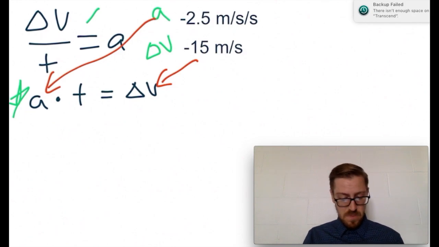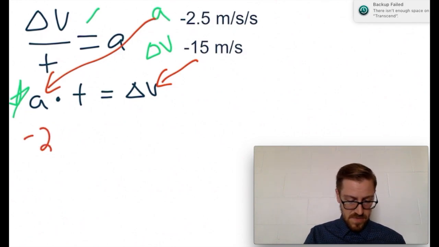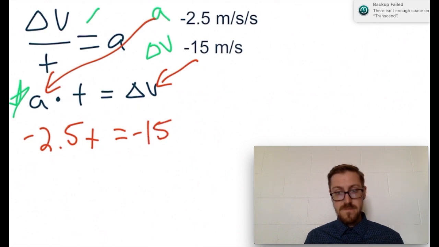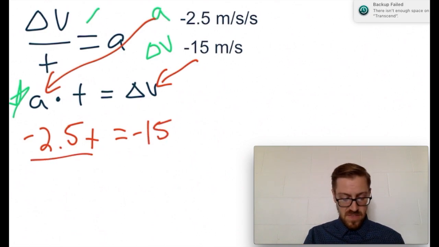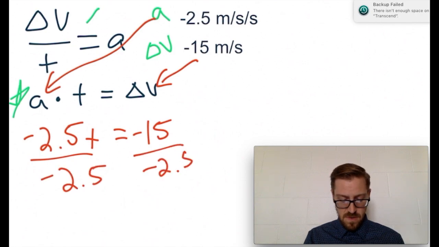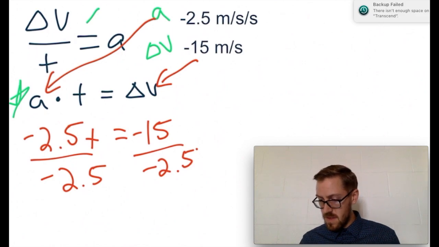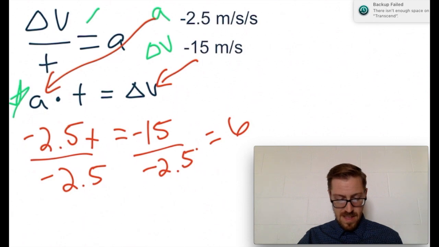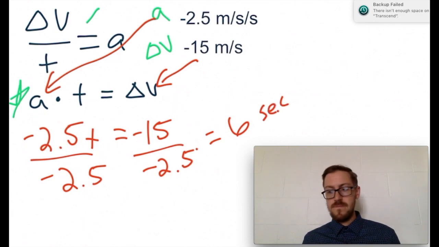And so all I have to do at this point is negative 2.5 times t equals negative 15. To get the t by itself, divide both sides by negative 2.5. I get 6. And that's a time, seconds. Ta-da!